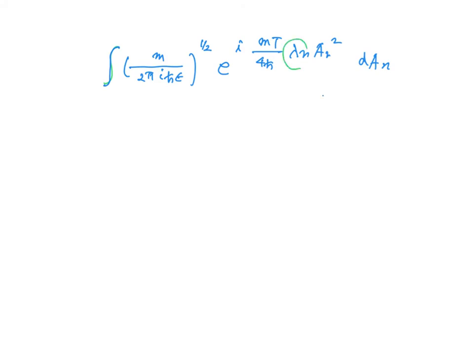Here lambda n is nothing but omega n square minus omega square, which is n square pi square over T square minus omega square.